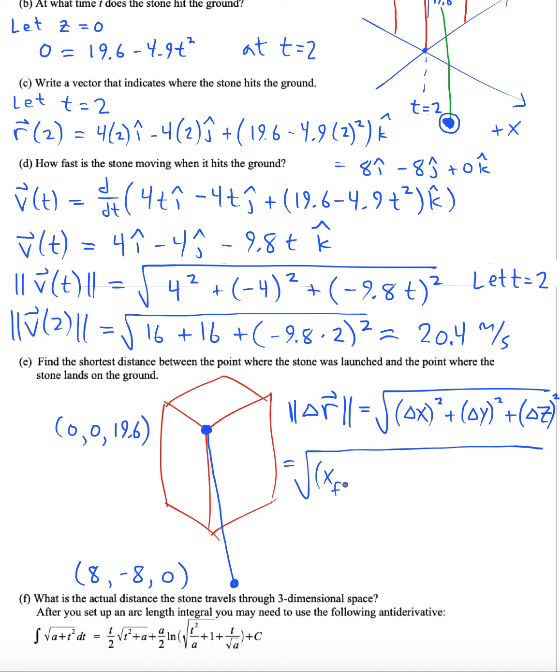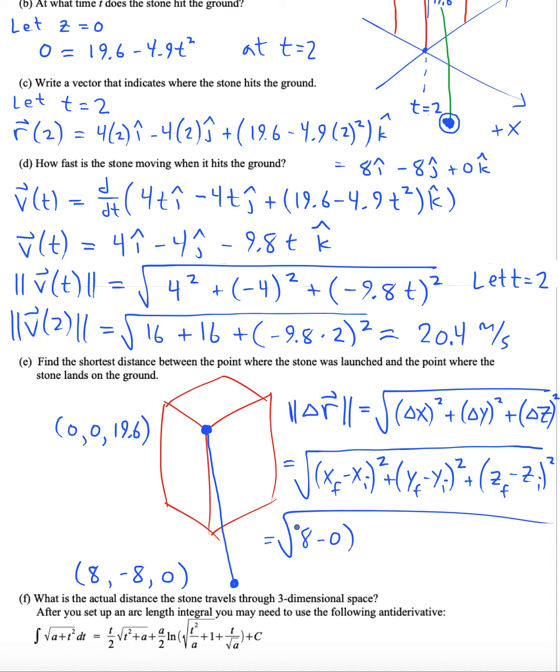We want x final minus x initial, y final minus y initial, and z final minus z initial. 8 minus 0, negative 8 minus 0, and 0 minus 19.6.